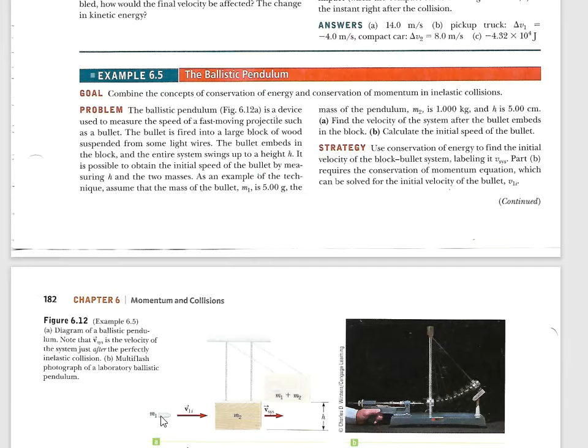In phase 1, the mass of the bullet and the mass of the pendulum connect, and conservation of momentum is used. However, energy is lost because of the combination of the block and the bullet. In phase 2, the bullet and the block rise to height h.